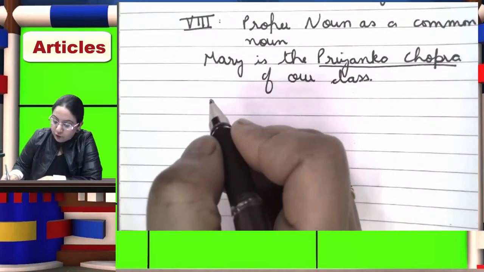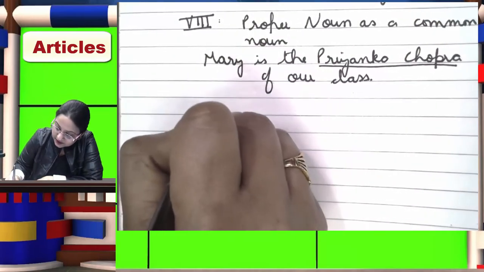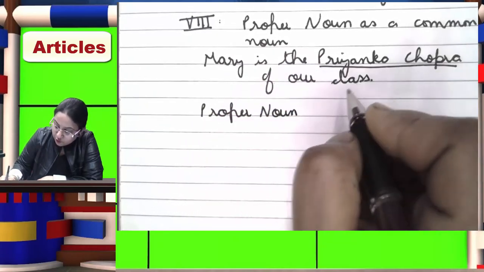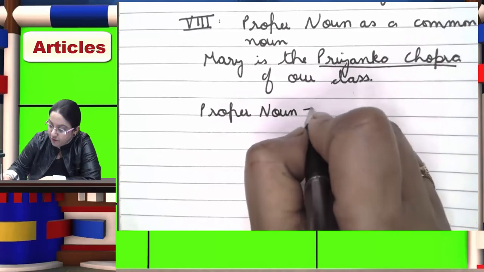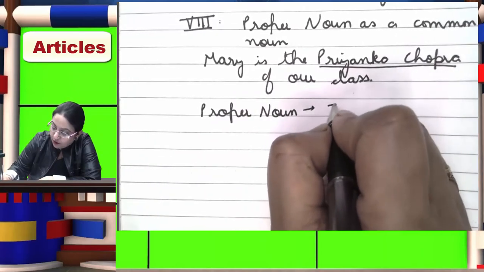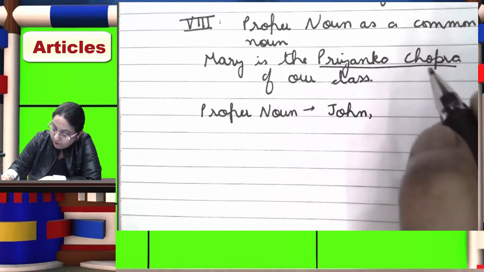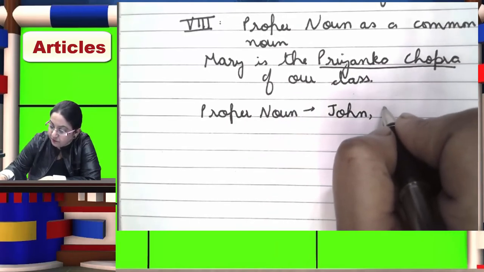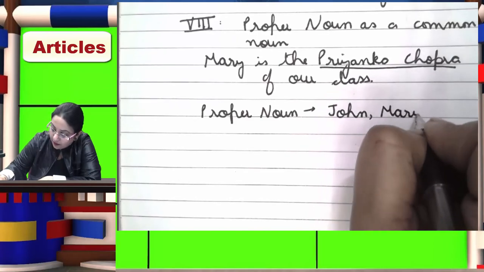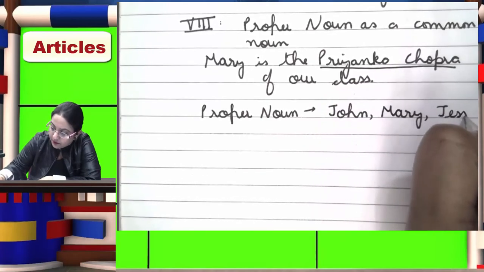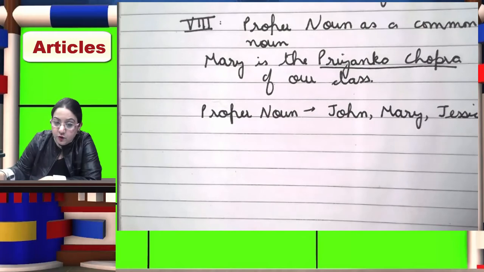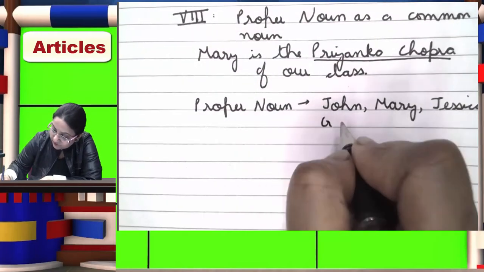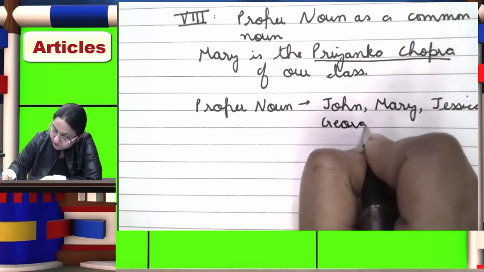For example, if I am talking about a proper noun, this I discussed earlier also. If I'm talking about the name of a person, like a boy John, or a girl Mary or Jessica, or, let us suppose, the former president of the US, George Bush.